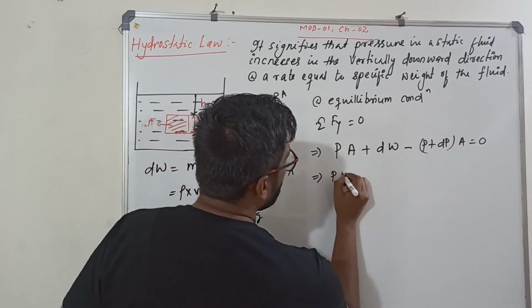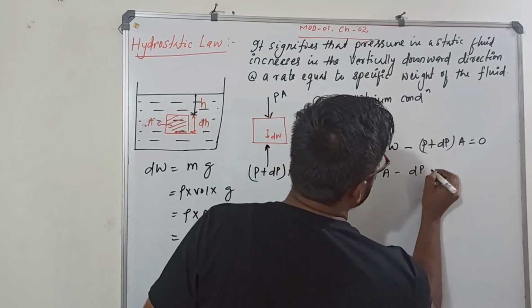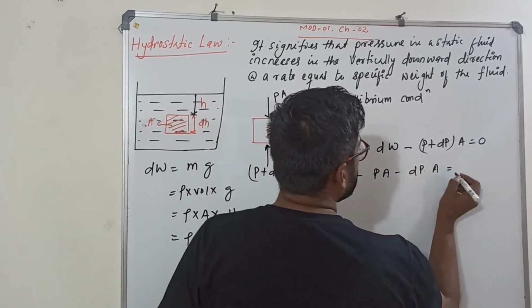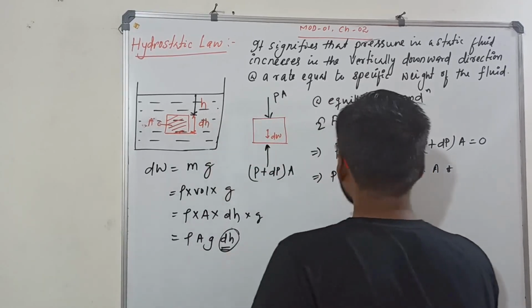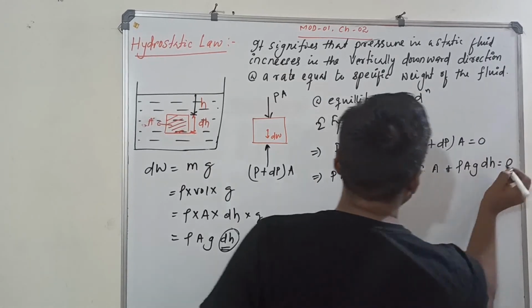So PA minus (P plus dP) into A plus dW, and dW is rho A G into dH, is equal to 0.